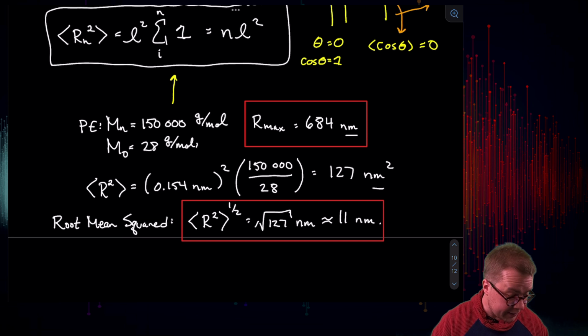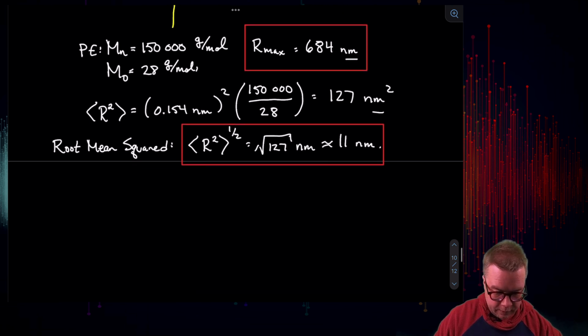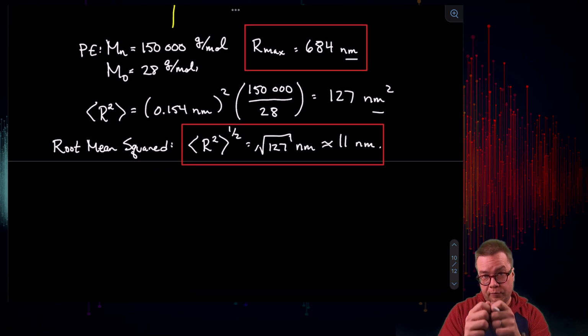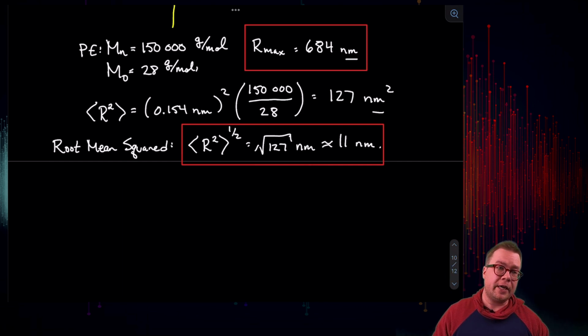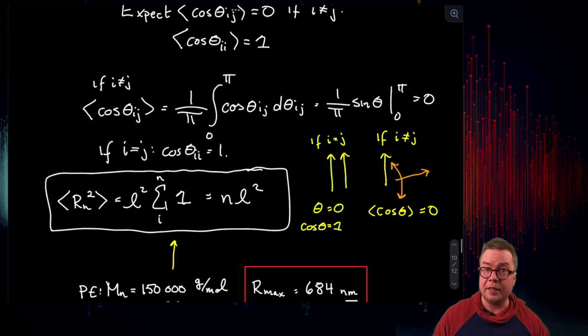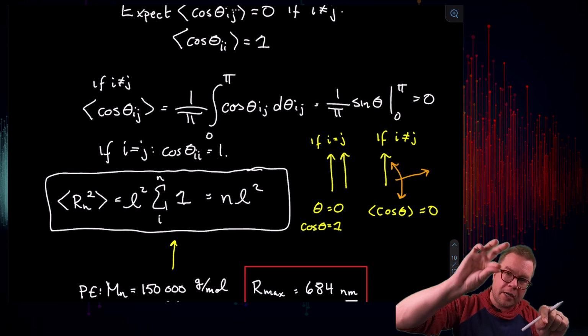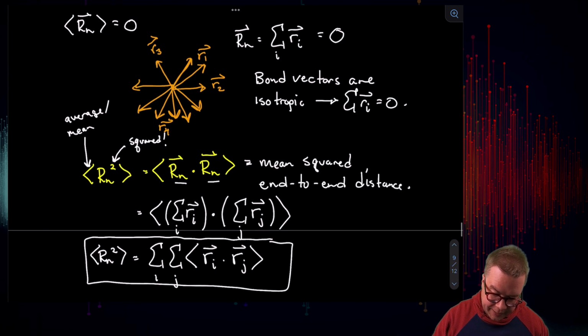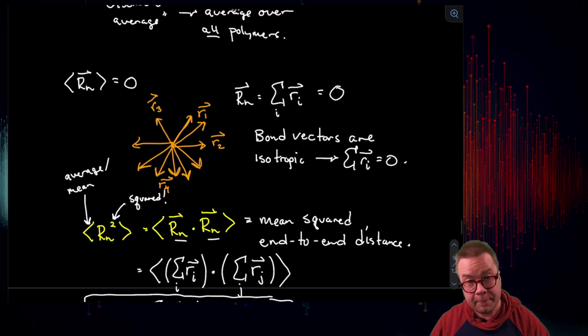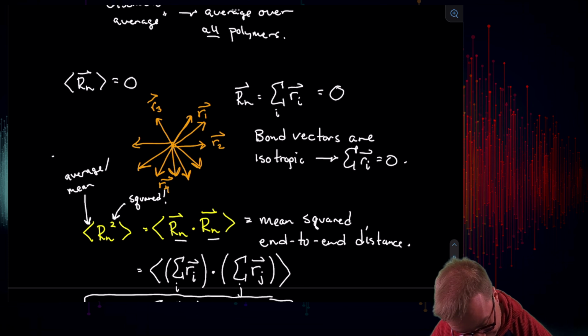Okay, so the polymer chains are actually much smaller than what you would think if you fully pulled out the size of that. And so how did we do this? Again, we got this with a random walk. In this case, instead of taking a step in a random direction, we created a bond between monomers that could be oriented in any direction. And so that's the connection between the random walk and the ideal polymer chain model.